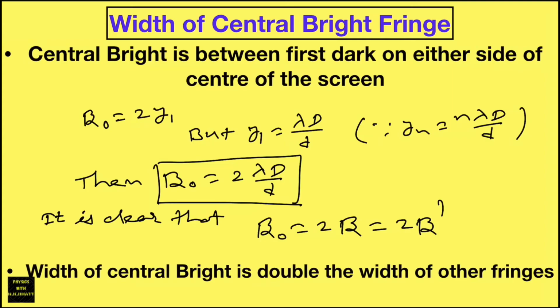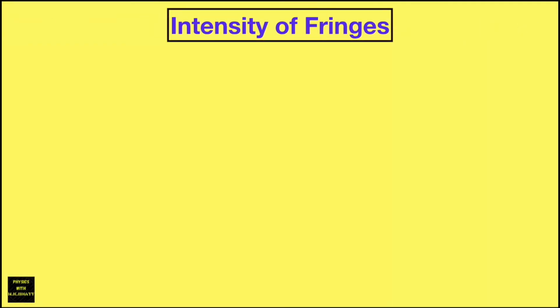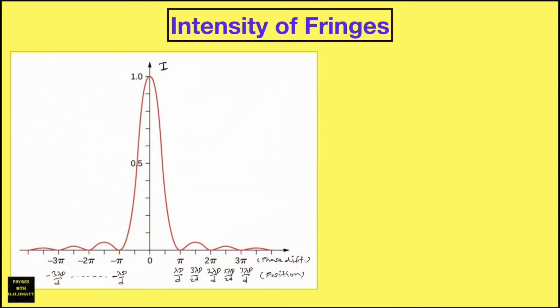Now, it is the turn for the intensity of the fringes. We had discussed the intensity of fringes in interference, and there we found that the intensity of all the fringes is the same. So, let us see how the intensity is interpreted here in diffraction at a single slit. Let us see the diagram, that is the intensity curve for single slit diffraction.